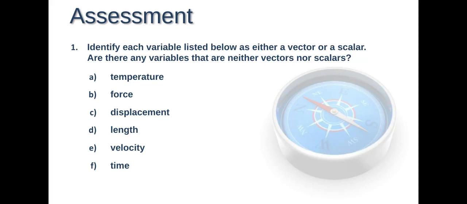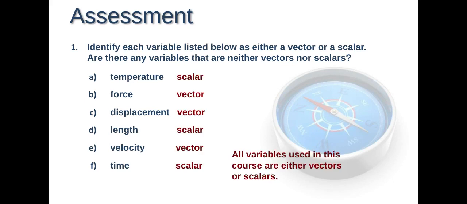Velocity. Velocity is speed with direction. So speed is meters per second, but velocity would be meters per second to the north. So again, velocity is a vector and speed would be a scalar quantity. Time. Time would be a scalar quantity as well.